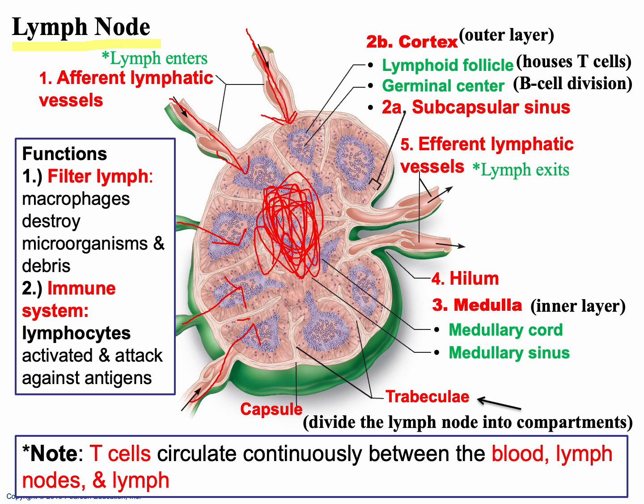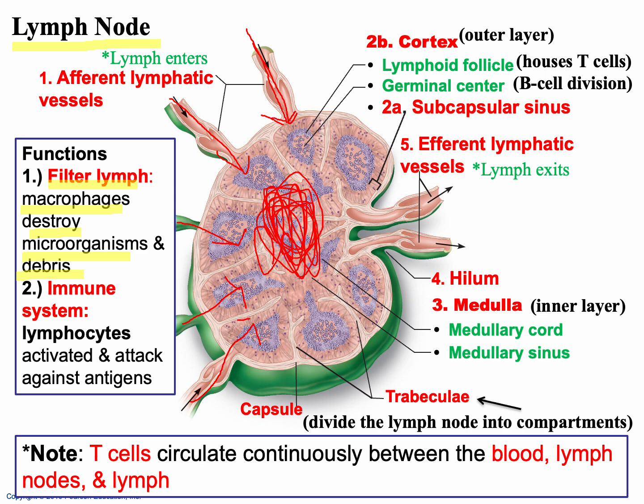And this allows for time now for filtering of the lymph to occur. So macrophages, and they develop from monocytes, are able to go ahead and destroy possible microbes that might be in the lymph fluid and cellular debris.